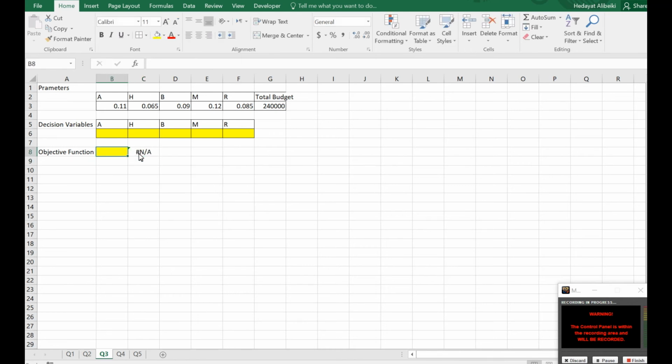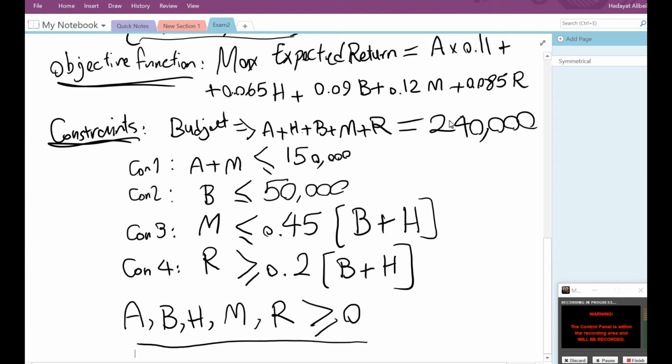Write down the formula. If I go back here, my objective function is the sum product of the amount of investment, my decision variables, and the expected return of each one.